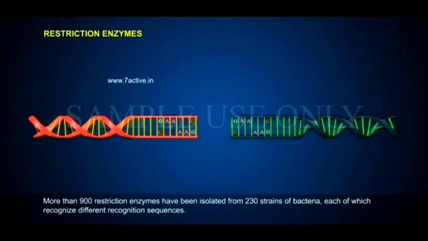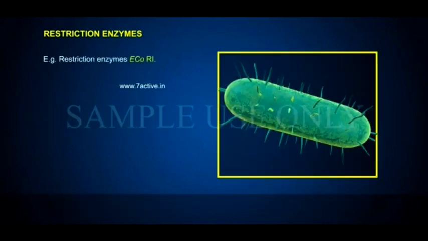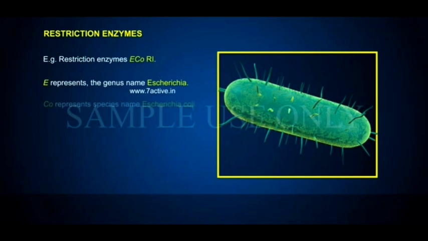More than 900 restriction enzymes have been isolated from 230 strains of bacteria, each of which recognizes different recognition sequences. Example: the restriction enzyme EcoRI. E represents the genus name Escherichia.